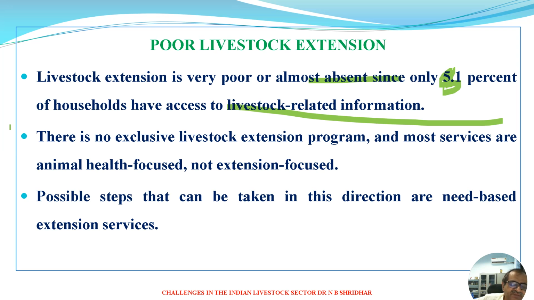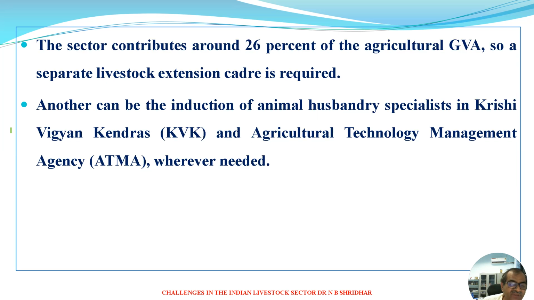And there is no exclusive livestock extension program, and most services are animal health focused, not extension focused. So, the possible steps that can be taken in this direction are needs based extension services. Then the sector contributes about 26% of the agriculture income, so a separate livestock extension cadre is required everywhere. Another can be the induction of animal husbandry specialists in Krishi Vigyan Kendras like KVK and Agriculture Technology Management Agency or ATMA wherever it is required, and it is being done to some extent.